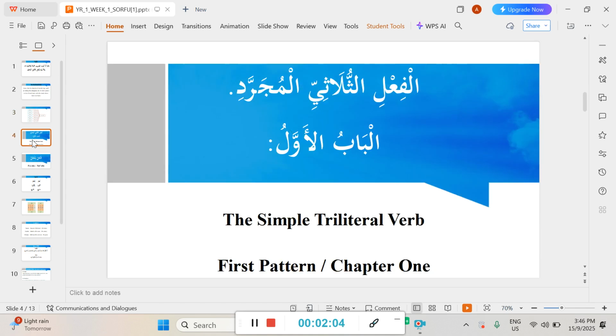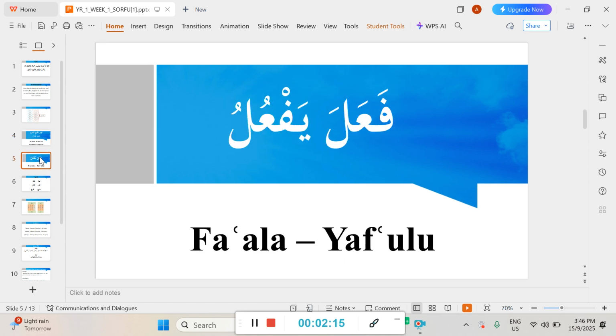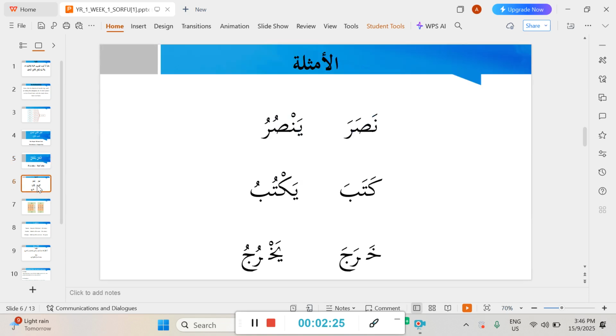So today, inshallah, we will only take one pattern out of these 6 patterns that al-fi'lu al-thulathi al-mujarrad contains. And the first pattern we'll be looking into today is fa'ala yaf'ulu. Now, let's take some examples before we talk about the characteristics and what is meant by fa'ala yaf'ulu.